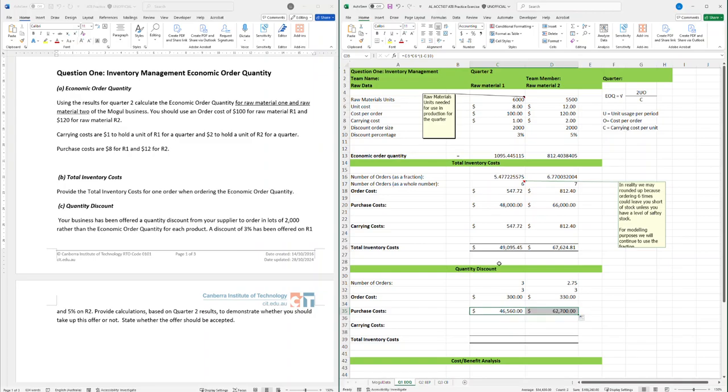Similarly for the carrying cost, the calculation is the same, but this time, instead of the economic order quantity, we use the order per discount order. So we use 2,000 divided by 2 times your carrying cost.